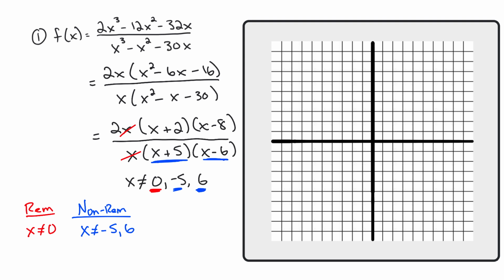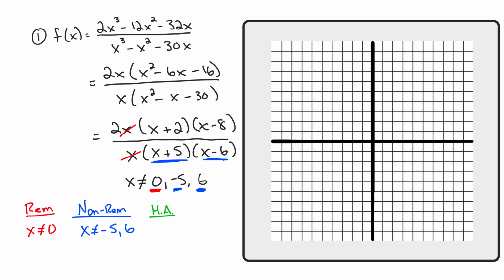Next, I'm going to be stating my horizontal asymptote. For the horizontal asymptote, I look at the problem before it was factored. I look at the original question that was given to me. I compare the power of the polynomial in the numerator with the power of the polynomial in the denominator. Look at the degrees. This is a third degree function on top, third degree function on bottom.